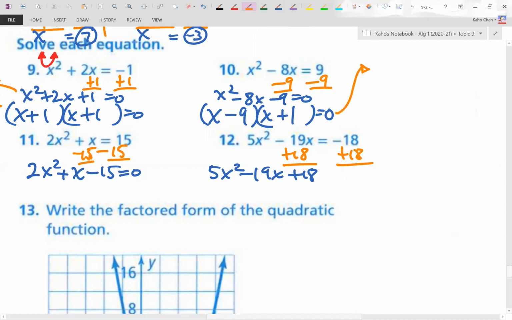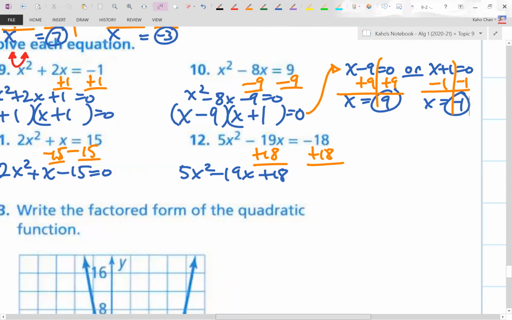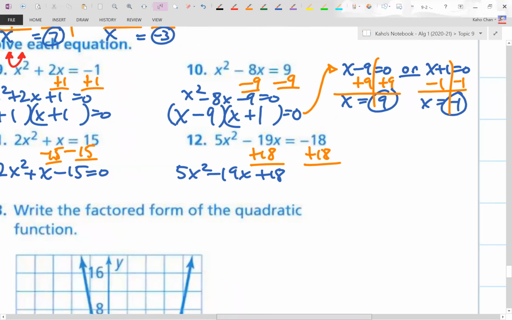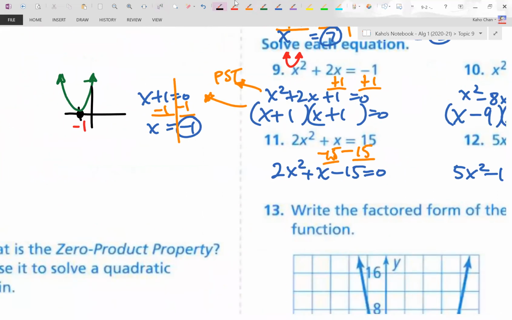Here we go. x minus 9 equals 0, or x plus 1 equals 0. Solve them individually, and same goes right here. And there they are. That was not too bad. Number 11 and number 12 might require a hybrid AC box. So any questions on number 9 or 10?